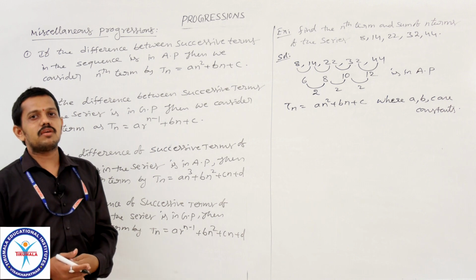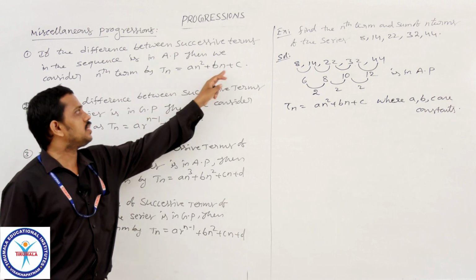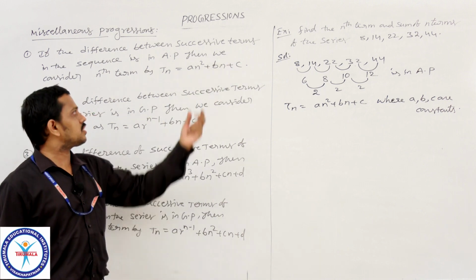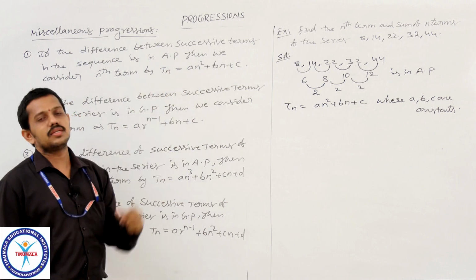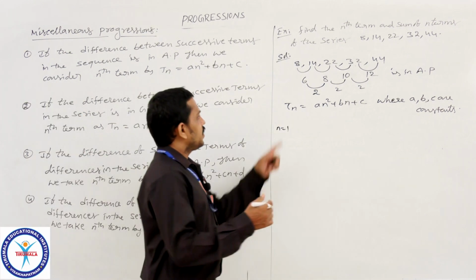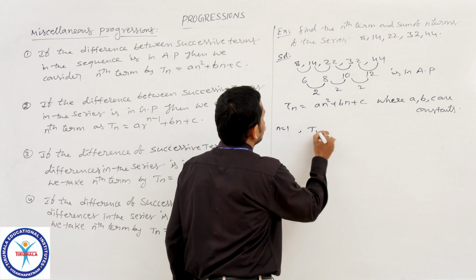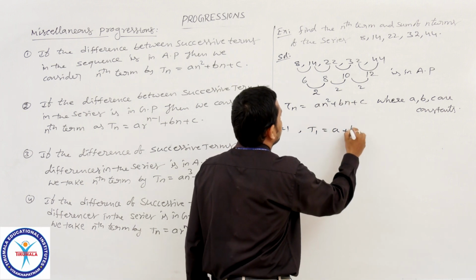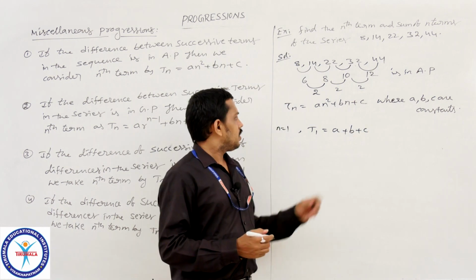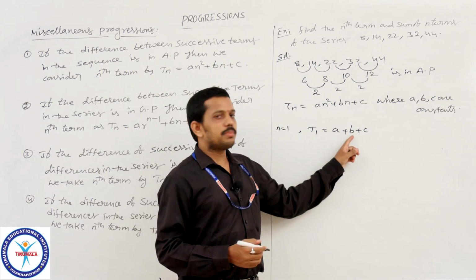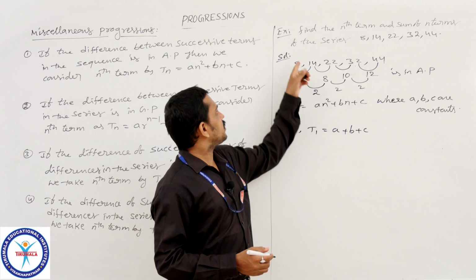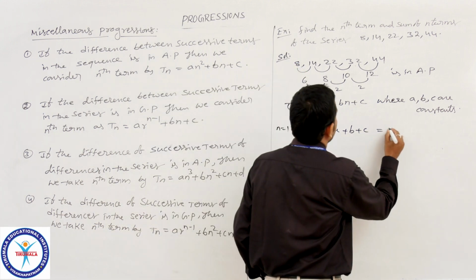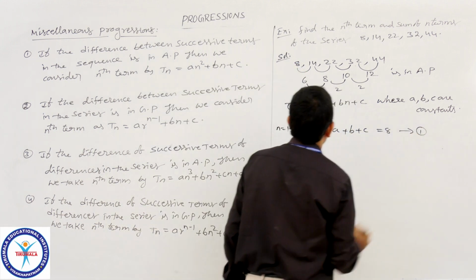By solving the 3 equations we get the a, b, c values, and after substituting them we get Tn. Then T1 is equal to a into 1², that is a, plus b into 1, that is b, plus c. So T1 is equal to a + b + c. T1 means the first term, and the first term here is 8. Let it be equation 1.